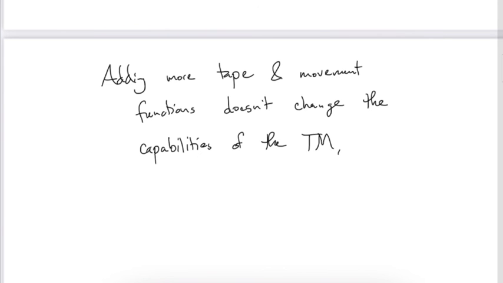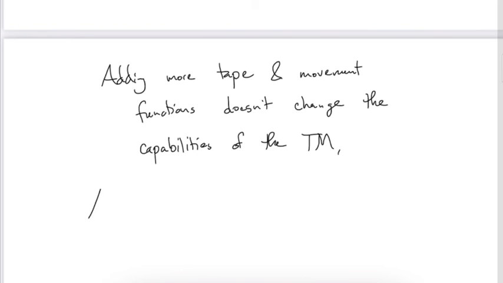And your computer accesses parts of the memory one by one, so your computer is acting like a head. Now, it doesn't have to move one spot to the left or right in every step. It can jump around in the memory. But anyway, all of these things are equivalent to Turing machines.